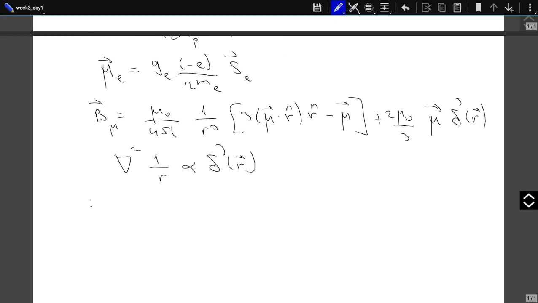So we now have the H prime for the electron.